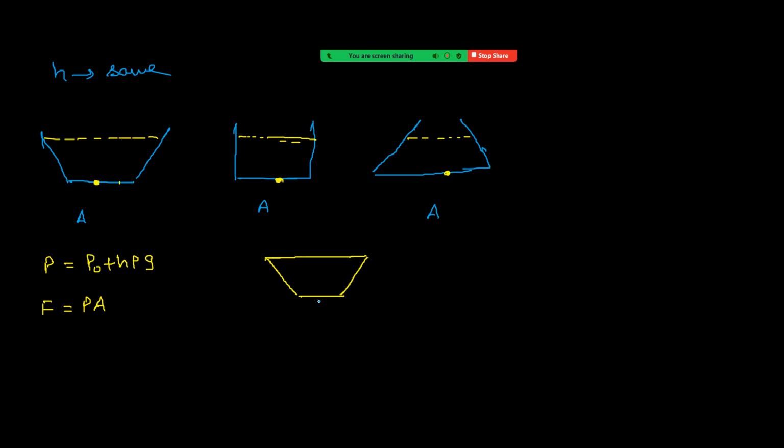Force from the bottom. Force from the top. Force by the vessel from the sides, from all sides. You can see the force is always normal to the contact surface.